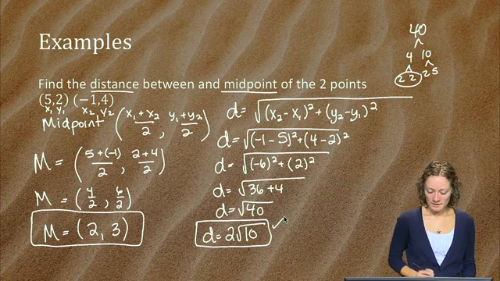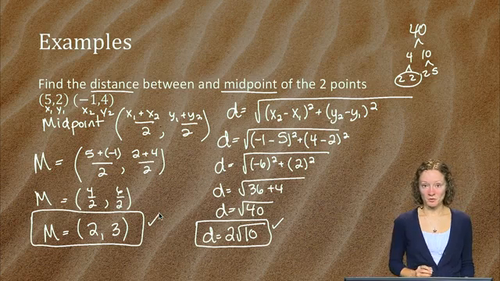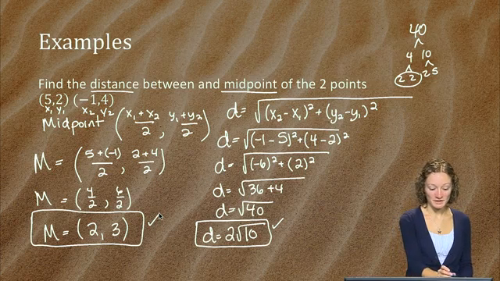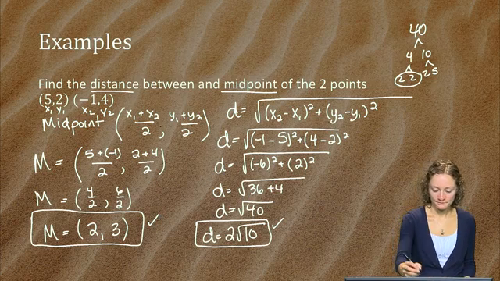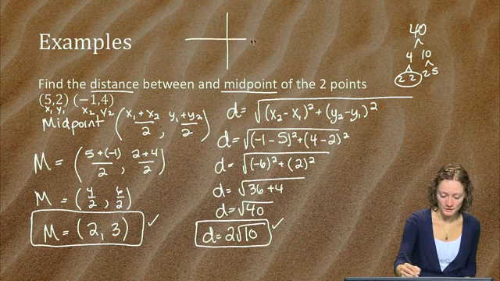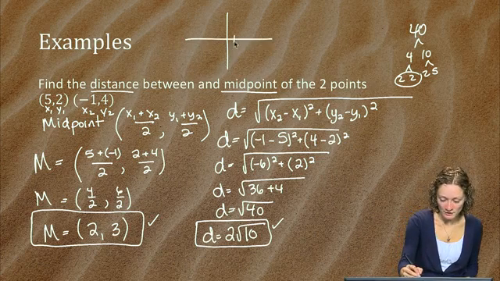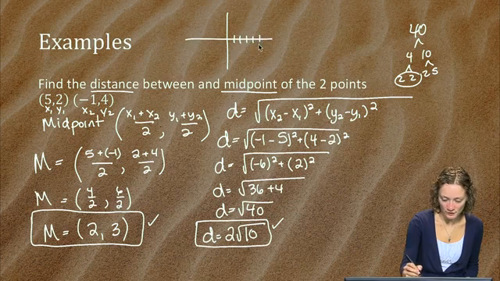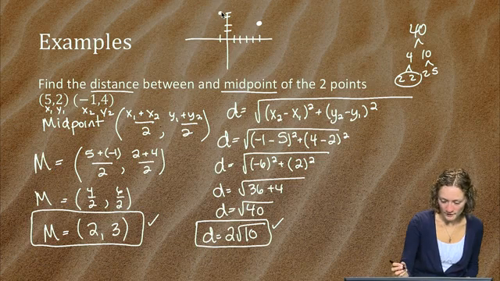All right, so distance and midpoint between these two ordered pairs. You don't ever have to graph them for this section, but just so you can get a feel for what this means, we have a point here and -1, 4.